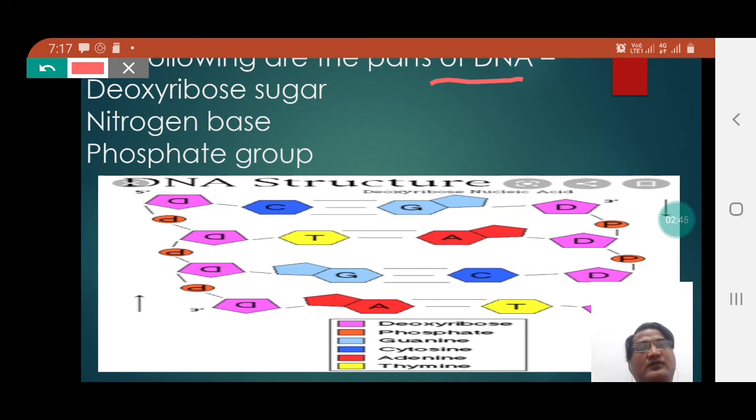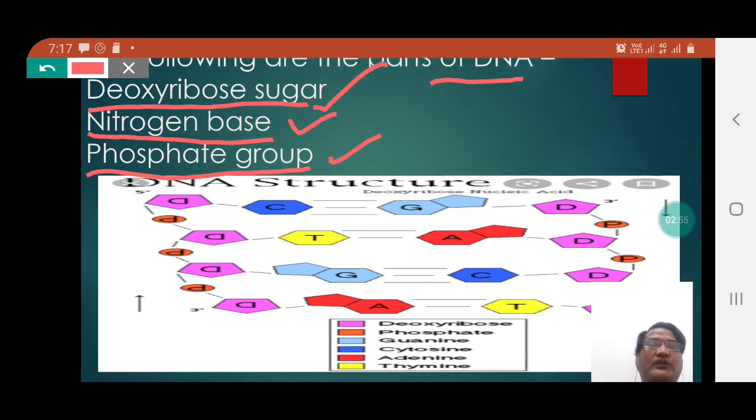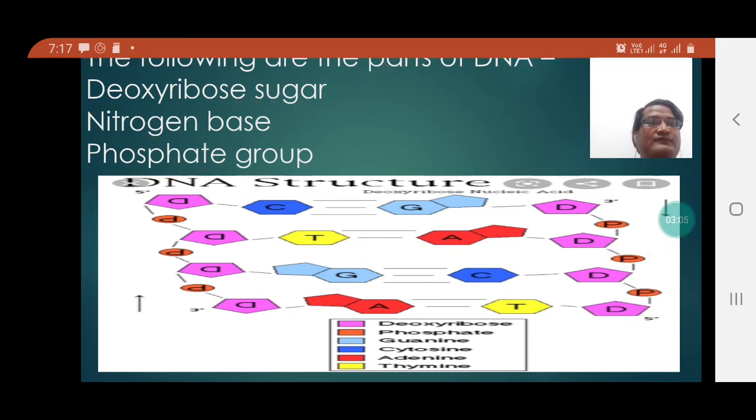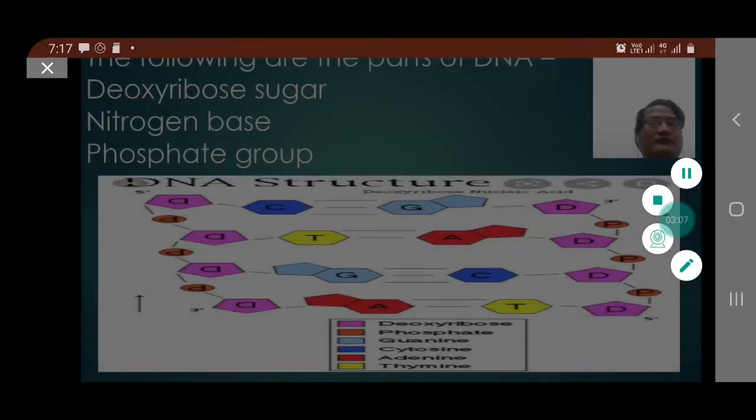These are deoxyribose sugar, nitrogen base and phosphate group. Now, students, these three important parts of DNA we can understand in a better way with the help of this picture.